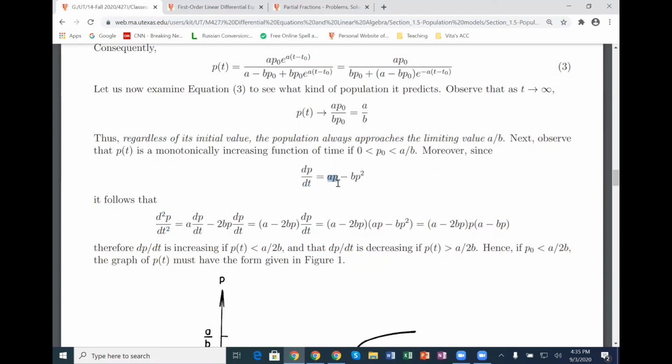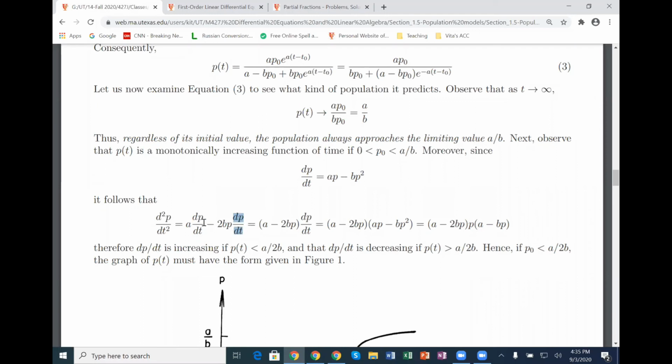When we take the derivative of ap, since a is a constant, a can be factored out. Conclusion, the derivative of ap is a times p prime. Similarly, in order to find the derivative of bp square, we factor the constant b out, and then to find the derivative of p square, we use the chain rule. P square prime is 2p times p prime.